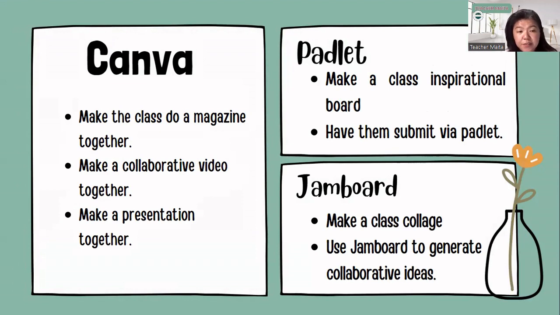So let's say for Canva, you can, as a class, do a magazine together. So you can assign a content for each student. You can even make collaborative videos. We have done that before. So you can ask the students to make one or two slides each that you will turn into a video, because that's a nice thing about Canva, which I'm using, by the way.